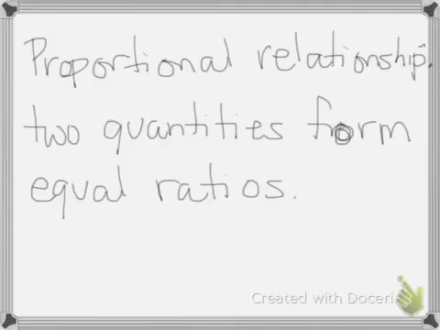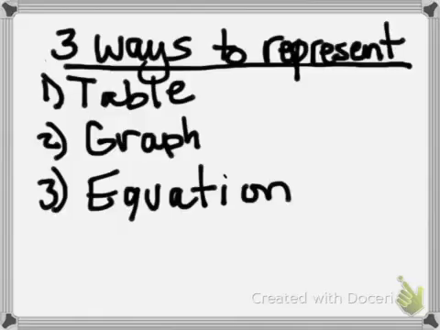So again, guys, let's wrap this up. Proportional relationships are when you're comparing two quantities and they form equal ratios or equal fractions. Remember, there are 3 ways you can represent a proportional or non-proportional relationship. We can see it in a table, in a graph, or in an equation.